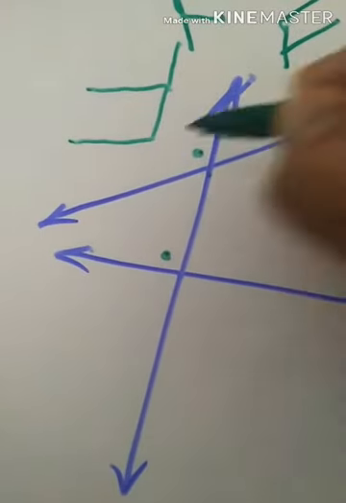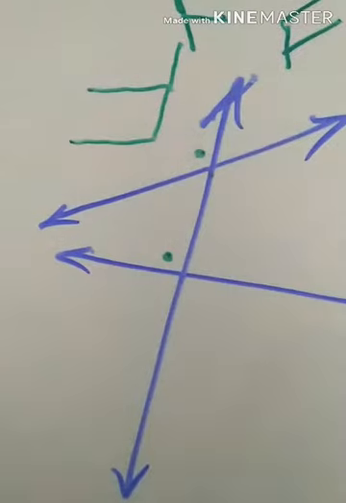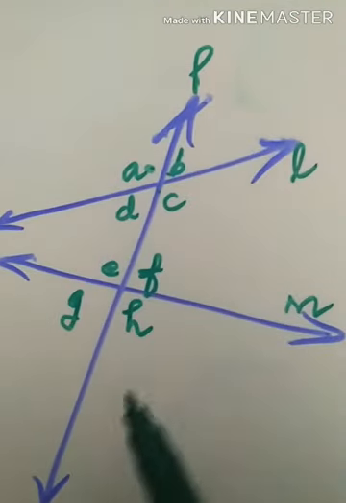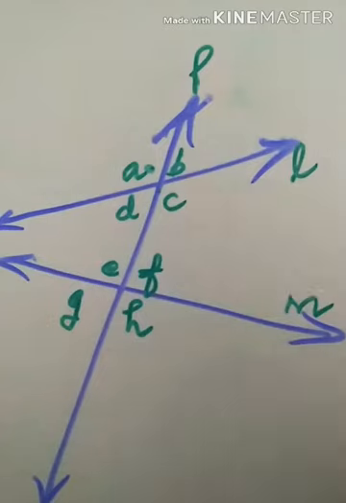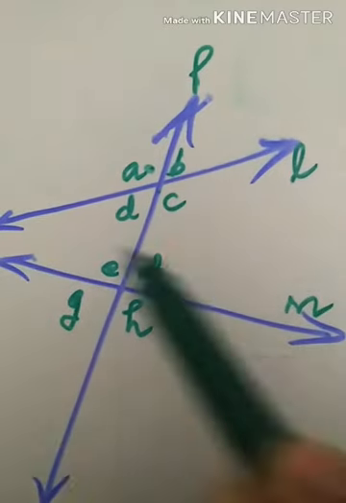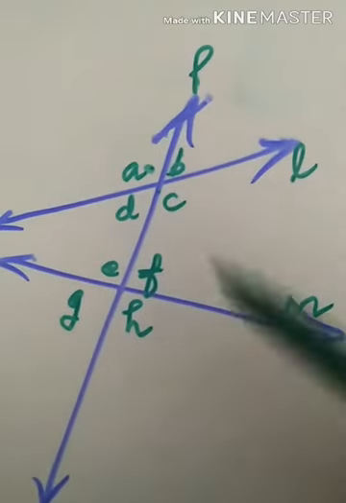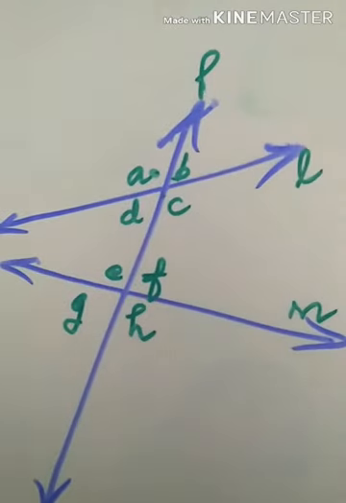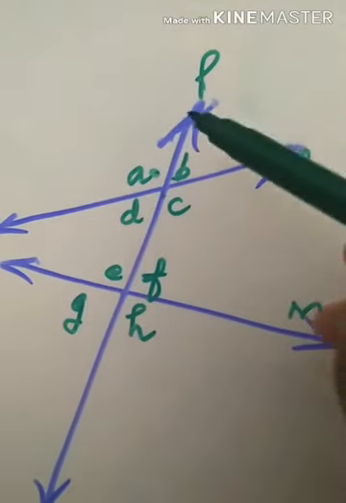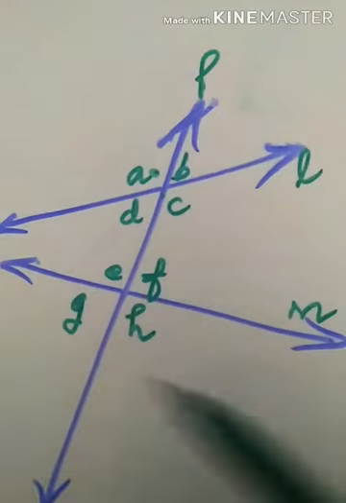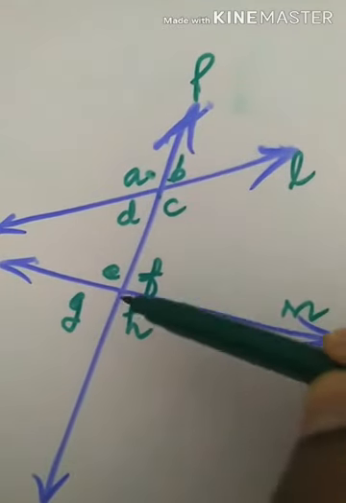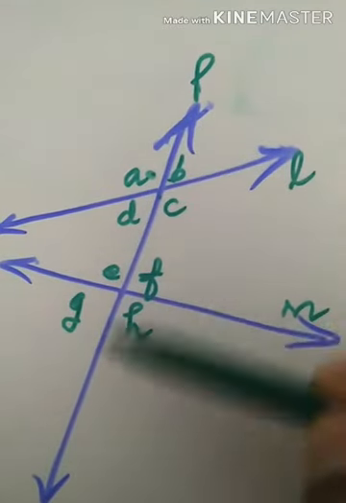For our convenience I have named the angles. The lines are L and M. Remember, they are not parallel, they are intersecting lines, and P is the transversal. Any line that intersects two given lines in two distinct points is called a transversal.